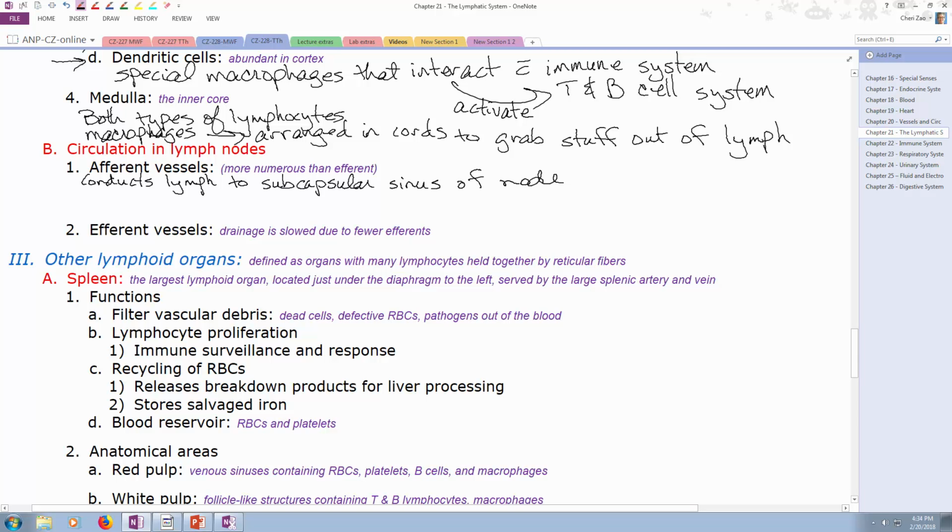And then lymph will then slowly percolate through to the efferents, located at the hilus or hilum.